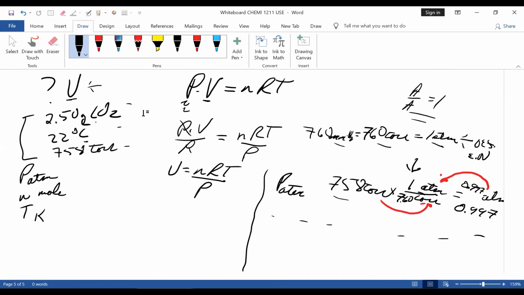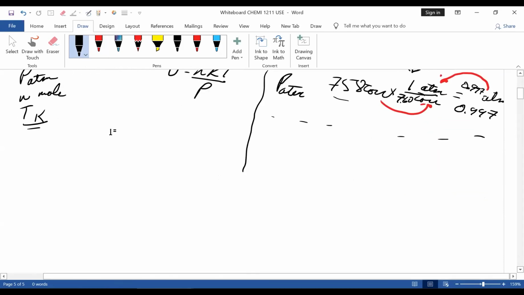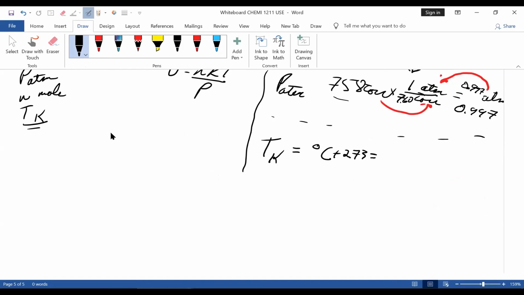All right, the next thing, since I started here, I'll go up the list, is temperature. Remember, temperature has to be in Kelvin. And therefore, temperature in Kelvin. If you're given degrees C to convert it, you add 273.